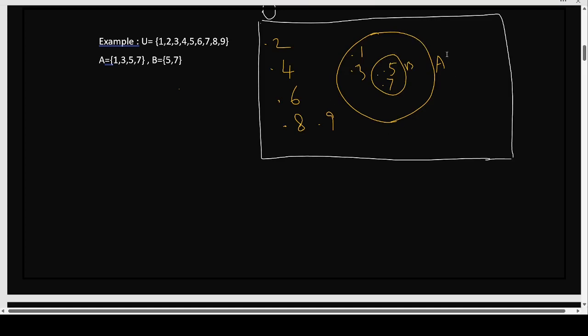We draw a circle outside this B and write the elements 1, 3, 5, 7. 5, 7 are already written inside, so 1 and 3 are written inside this circle. So circle B has 5 and 7, and circle A has 1, 3, 5, 7. The remaining elements 2, 4, 6, 8, 9 are written in the rectangular box to represent the universal set. This is how you represent a universal set through a Venn diagram.